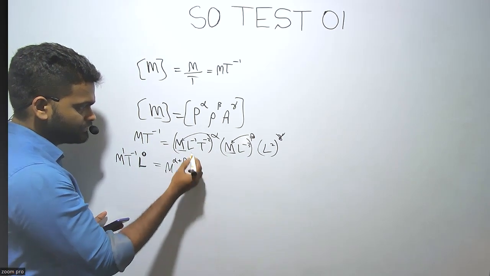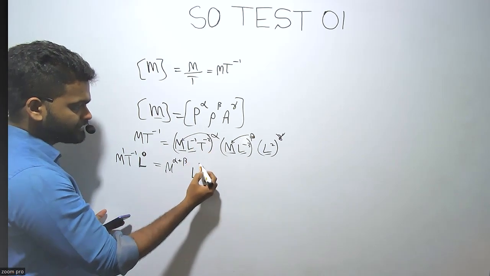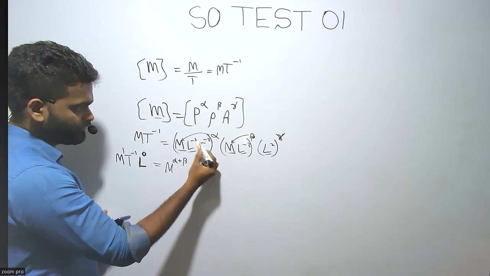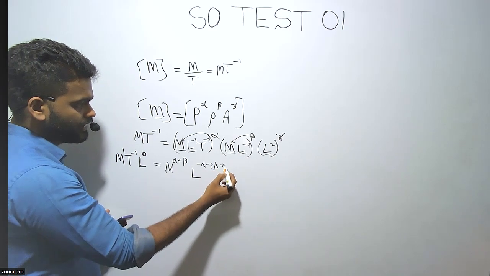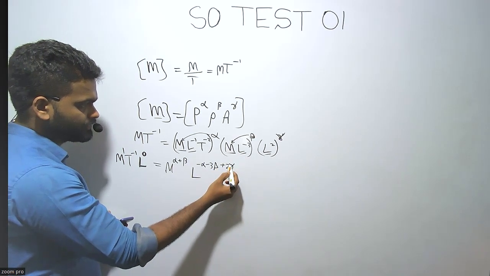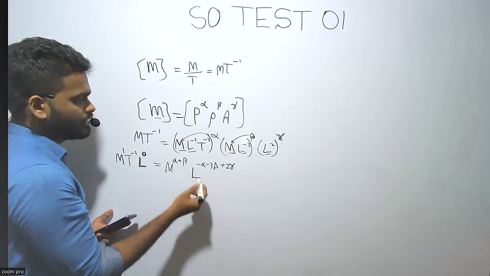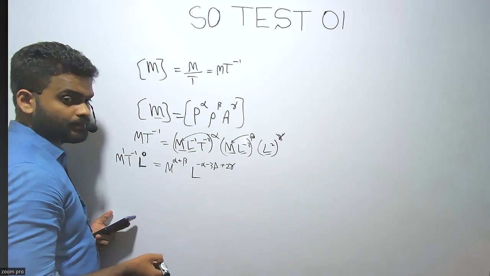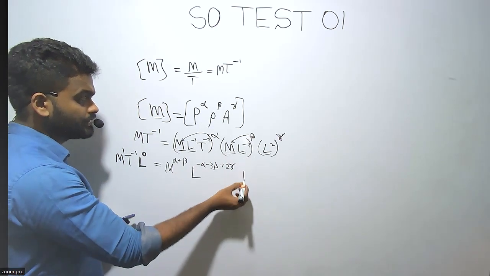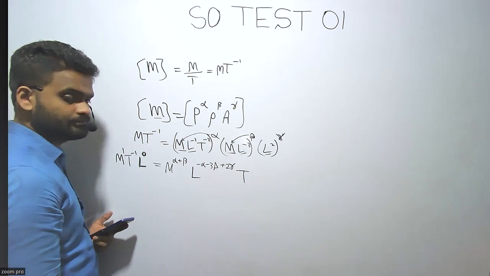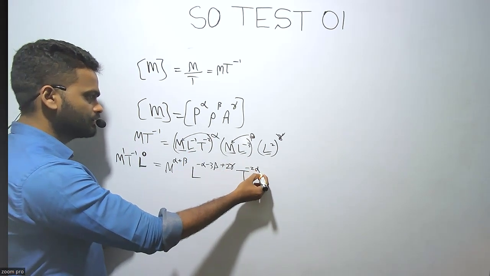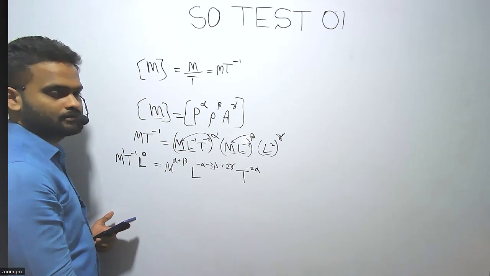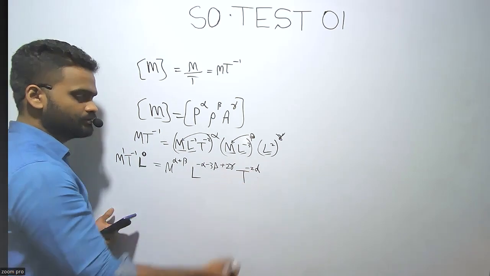Then we'll simplify L. L minus alpha, minus 3 beta, plus 2 gamma. Okay, so that is the simplification of L. Then you have T, time. That is minus 2 alpha. Yeah, that's all. So this calculation you need to do carefully.